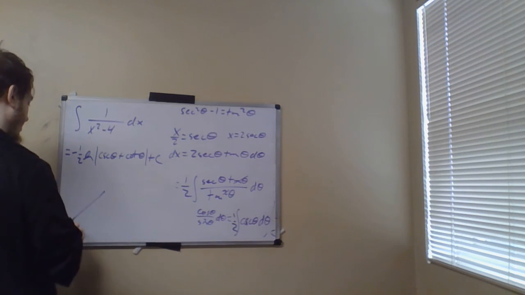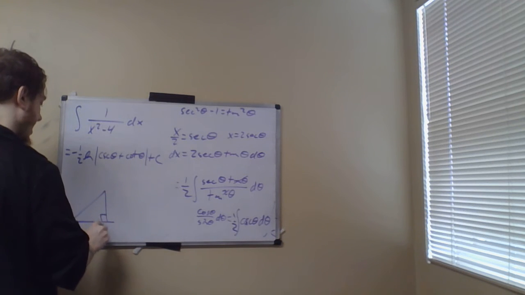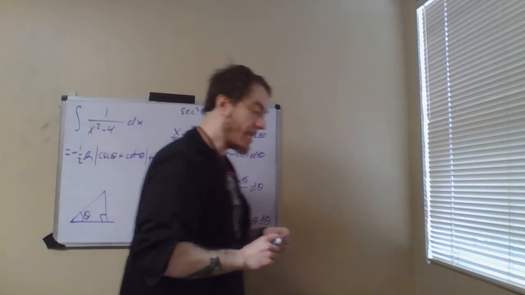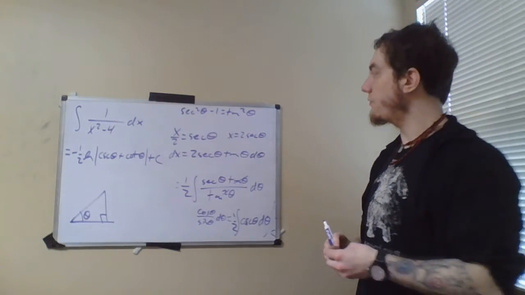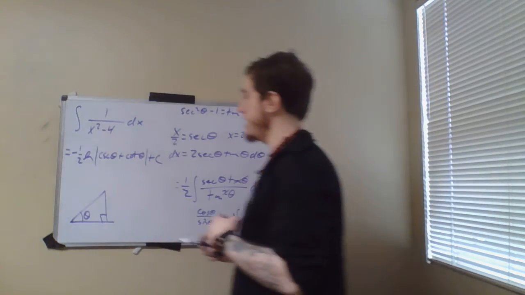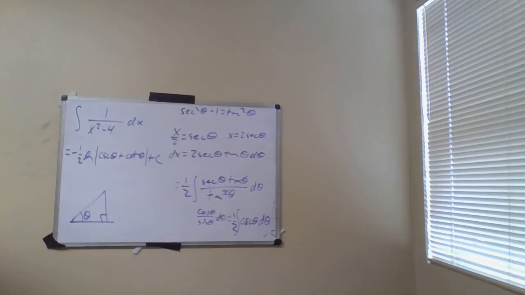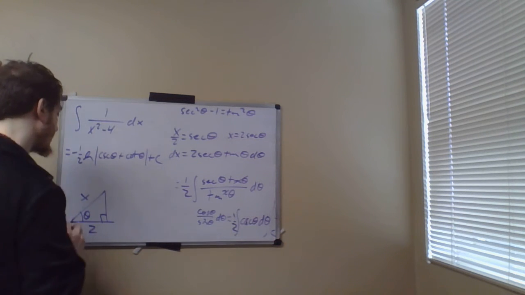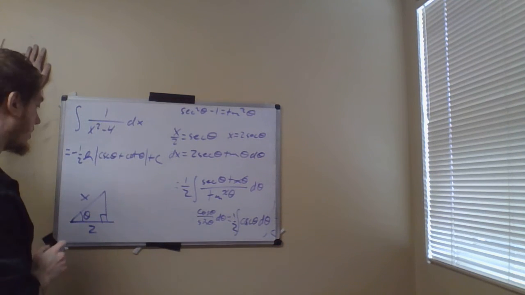I'm going to build a triangle whose secant is x over 2. Well, the secant is 1 over the cosine. 1 over the cosine is hypotenuse over adjacent. So if I make the hypotenuse an x and the adjacent side a 2, that gives me my triangle.